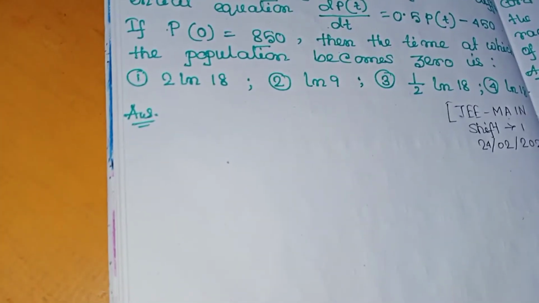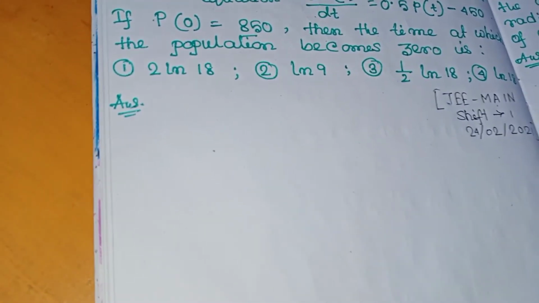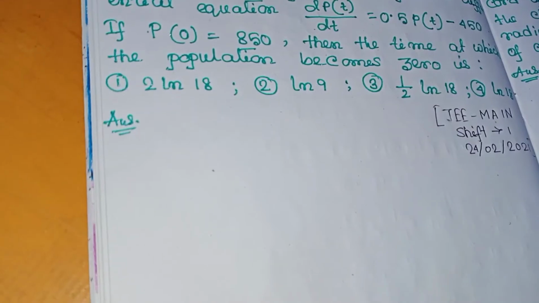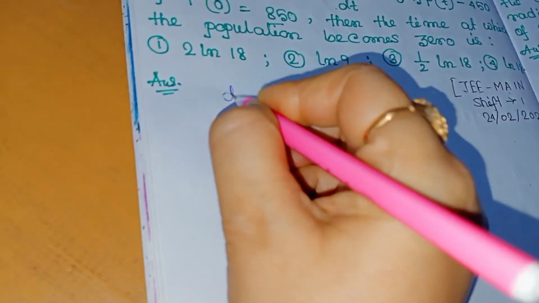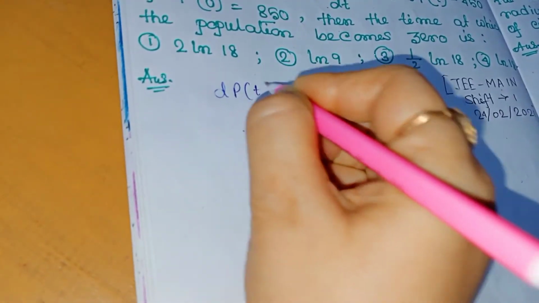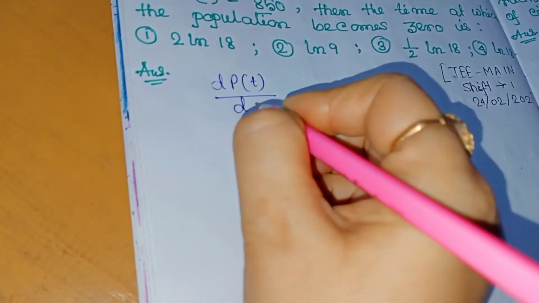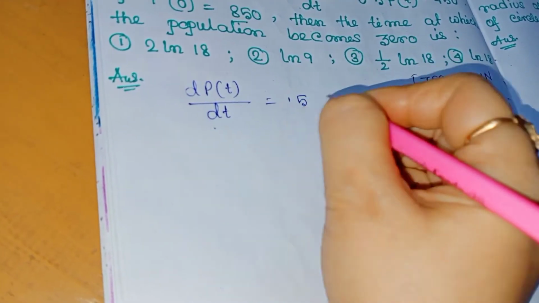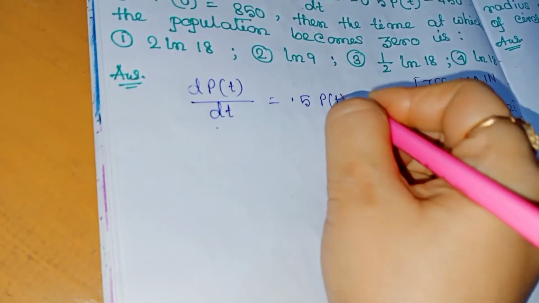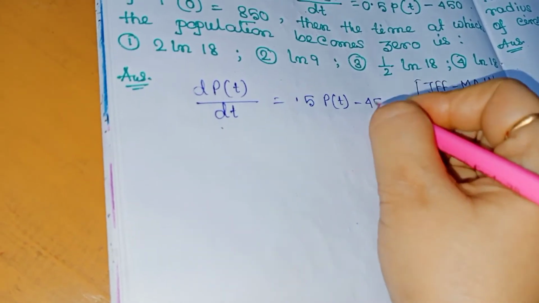The differential equation is given here, that is dP/dt is equal to 0.5 P minus 450.